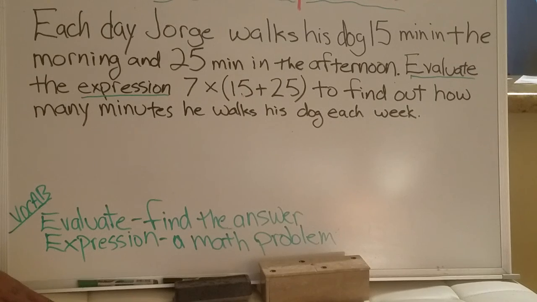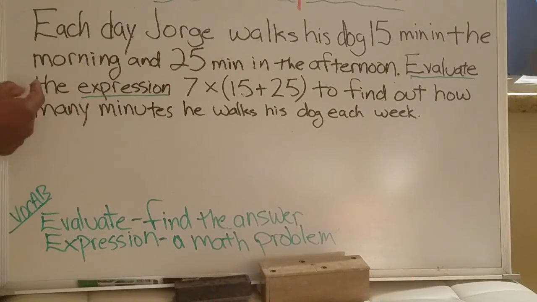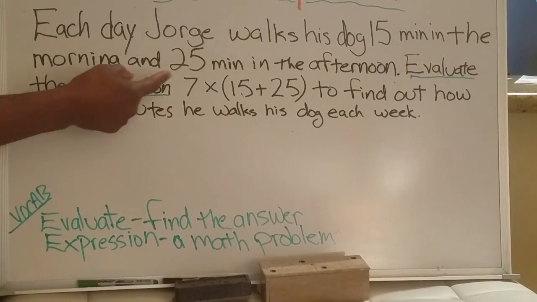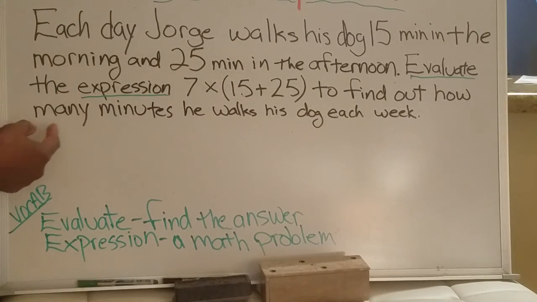So his dog is getting plenty of exercise. The next thing they say is evaluate the expression 7 times (15 plus 25) to find out how many minutes he walks his dog each week.